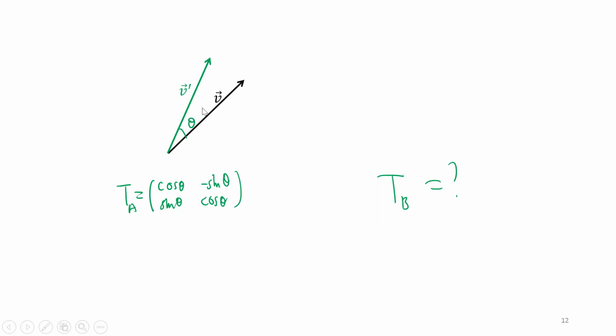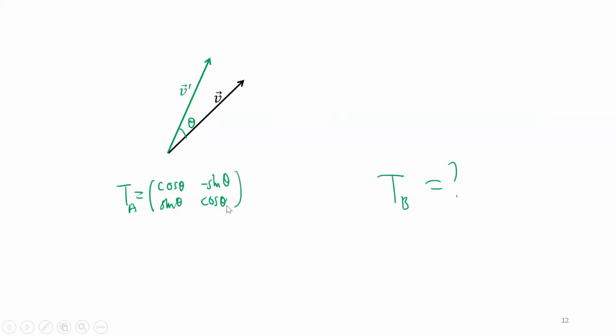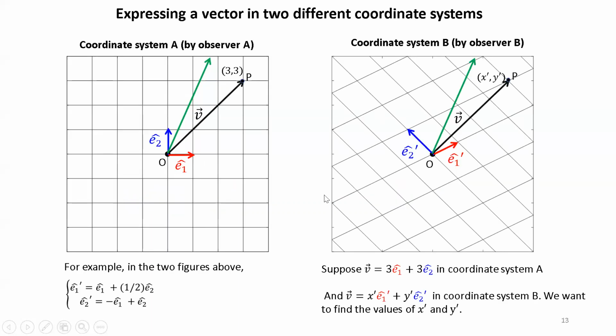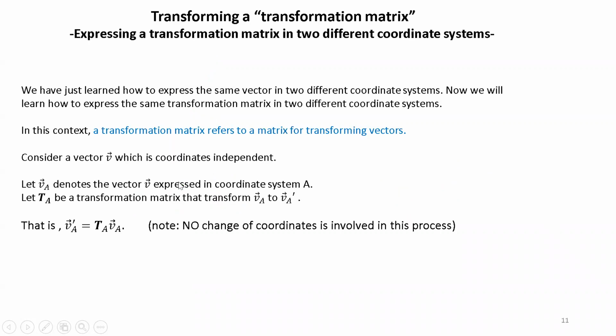In the usual Cartesian coordinate system, this rotation is expressed like this. But if you are using this coordinate system B, the transformation matrix for this vector no longer looks like this; it looks like something else. And we want to find out how to get this form of the transformation matrix from this one.